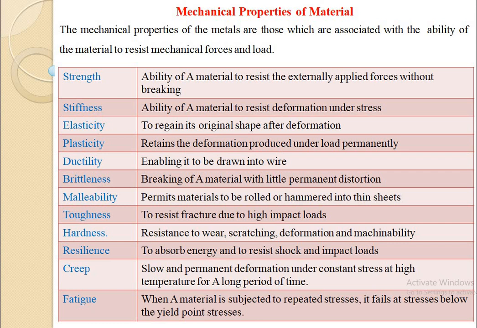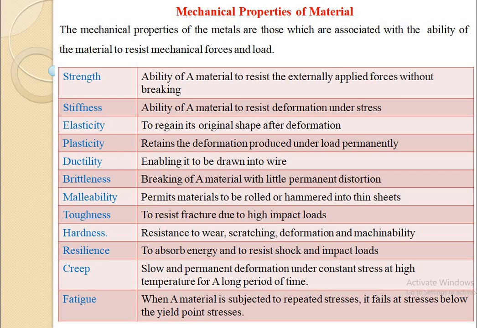The ferrous metals are those which have iron as the main constituent or main element, such as cast iron, wrought iron and steel. The non-ferrous metals are those which have a metal other than iron as their main constituent, such as copper, aluminium, brass, tin, zinc, cobalt, nickel, vanadium. So these are some non-ferrous metals.